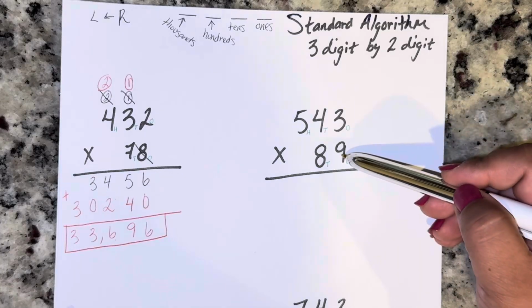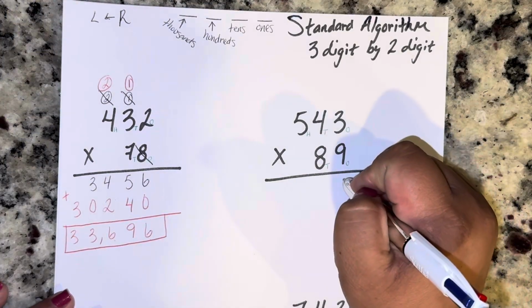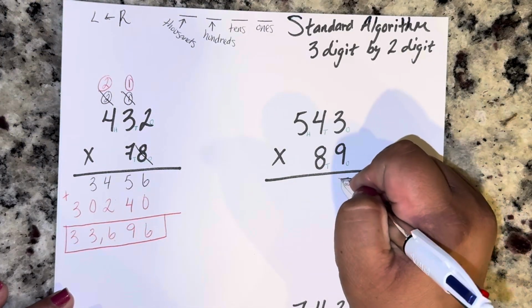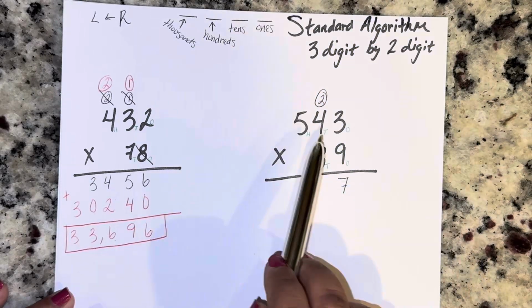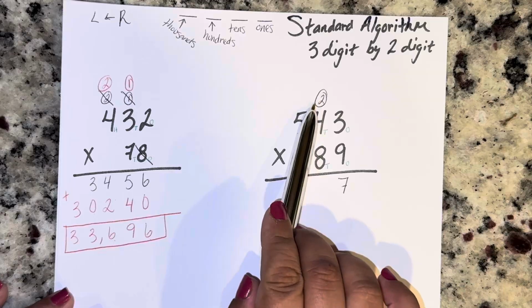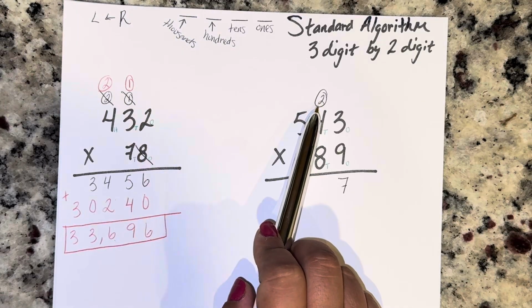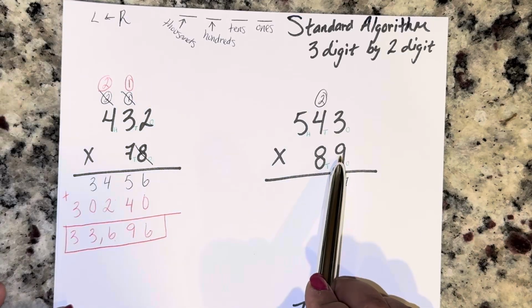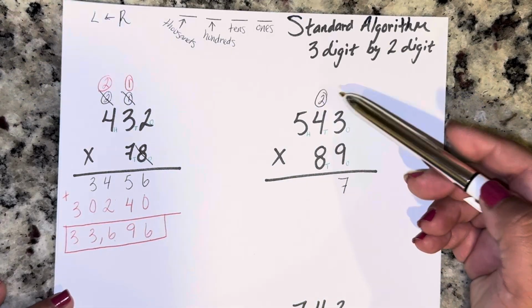So if we do 9 times 3, we do get 27. I'm going to bring my 7 down, and I will regroup my 2. And the reason I regroup is because I still have other numbers here to multiply. So I need to regroup that too. I'm circling it to indicate that I'm going to add it once I get to that point. 9 times 4 is 36, plus 2 is 38.